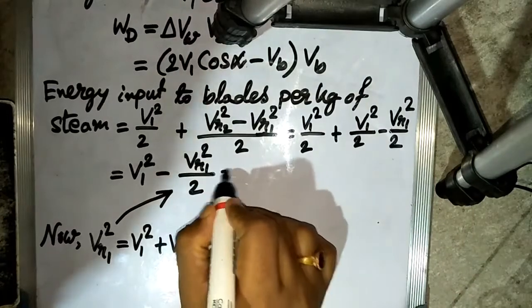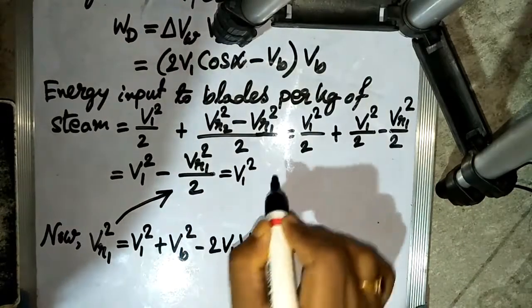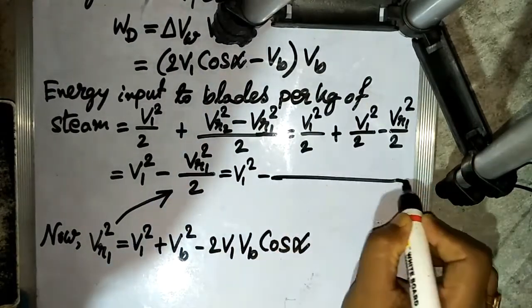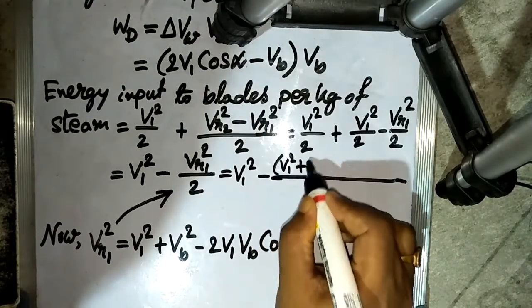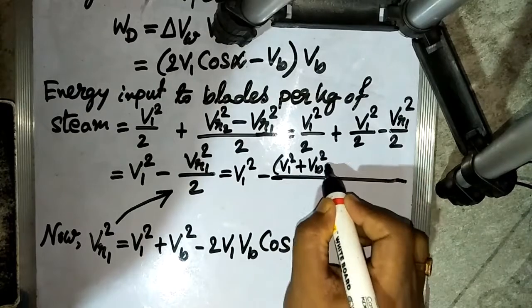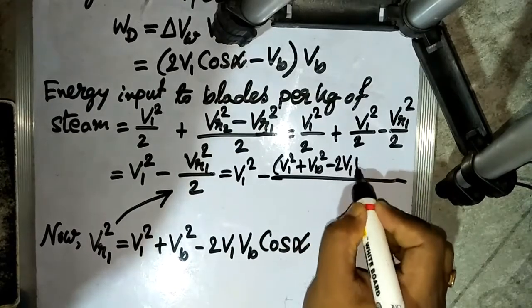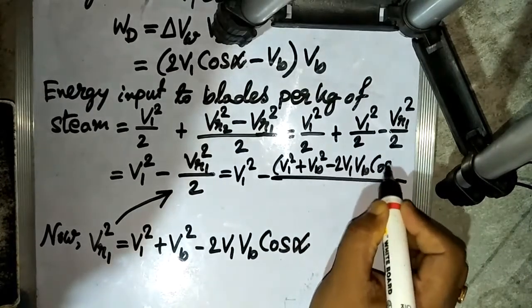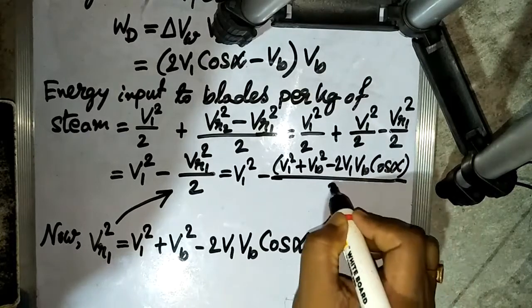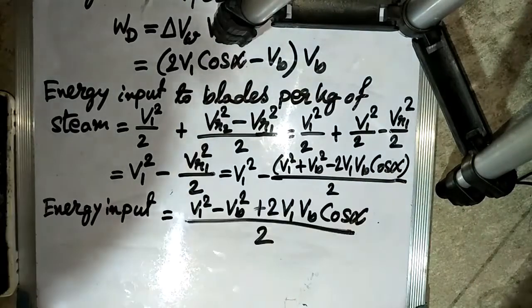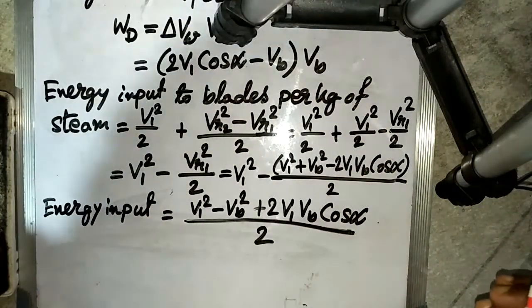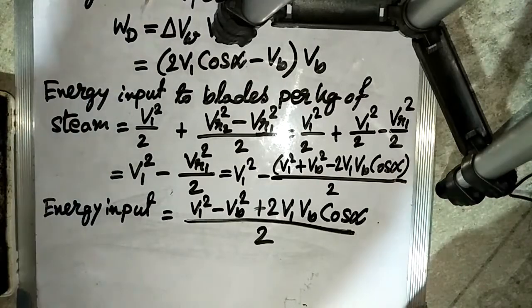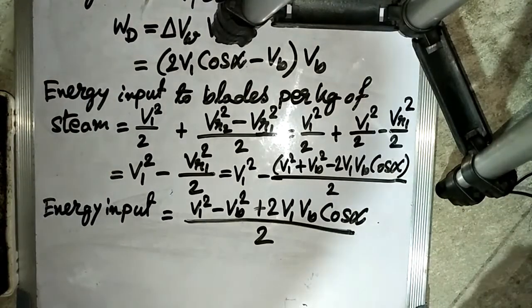So we get (V1 square minus (V1 square plus VB square minus 2 V1 VB cos alpha)) by 2. So the energy input becomes (V1 square minus VB square plus 2 V1 VB cos alpha) by 2. So this is the energy input.